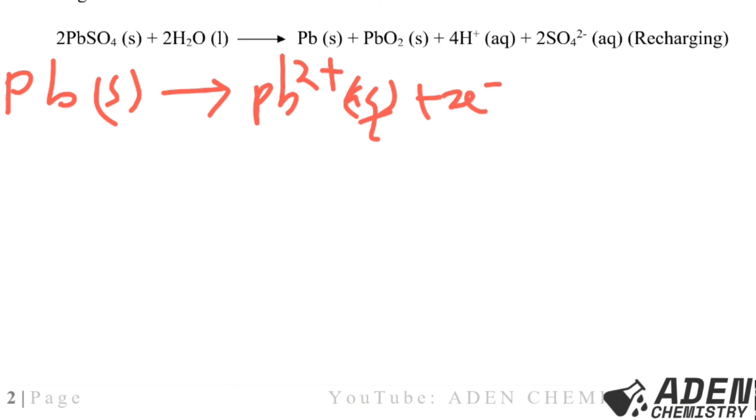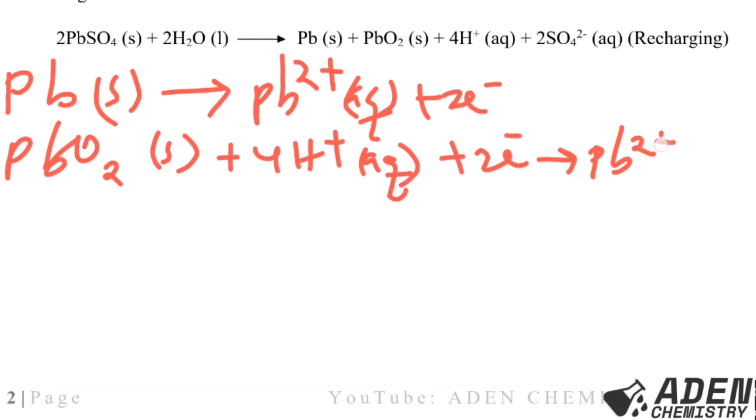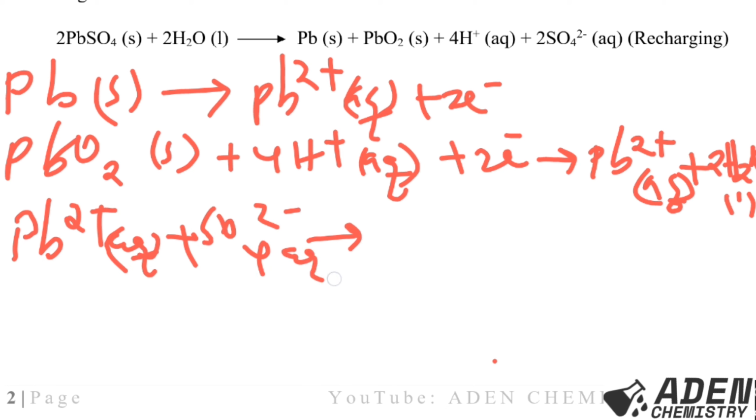Then we have lead 4 oxide at the cathode, solid, reacting with 4 moles of hydrogen ions from the sulfuric 6 acid plus the 2 electrons lost from the anode to form lead 2 ions, which are aqueous, plus 2 moles of water. That was the other reaction that we had. Then the third reaction: the lead 2 ions formed instantly react with the sulfate ions from sulfuric 6 acid to form insoluble lead 2 sulfate.